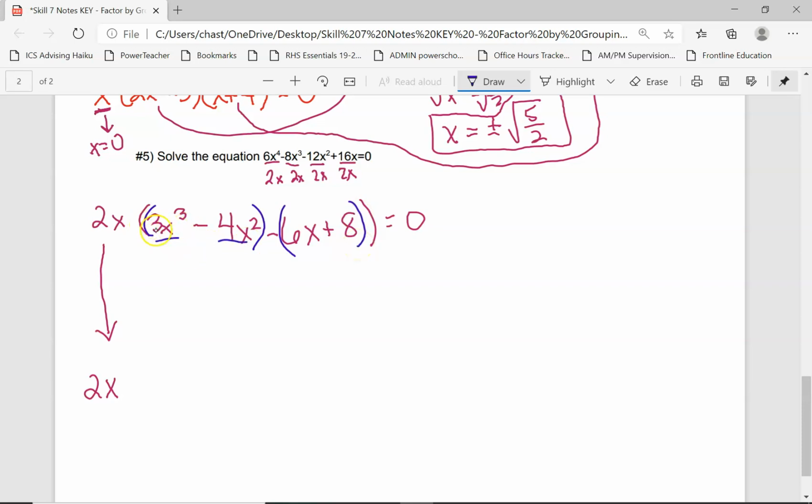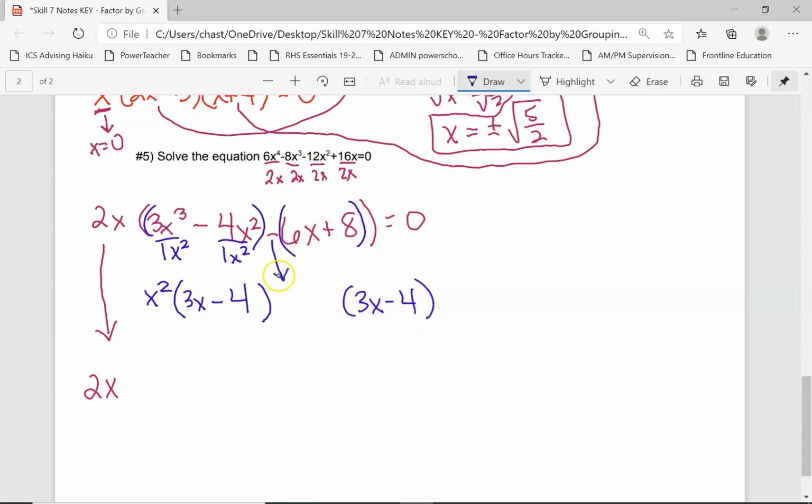In the first group, I can divide the numbers just by 1, and the x's I can divide by x squared. So 1x squared, or just simply x squared, is the GCF. When I divide these out, I get 3x minus 4. Remember, I want 3x minus 4 over here as well, so keep that in mind.